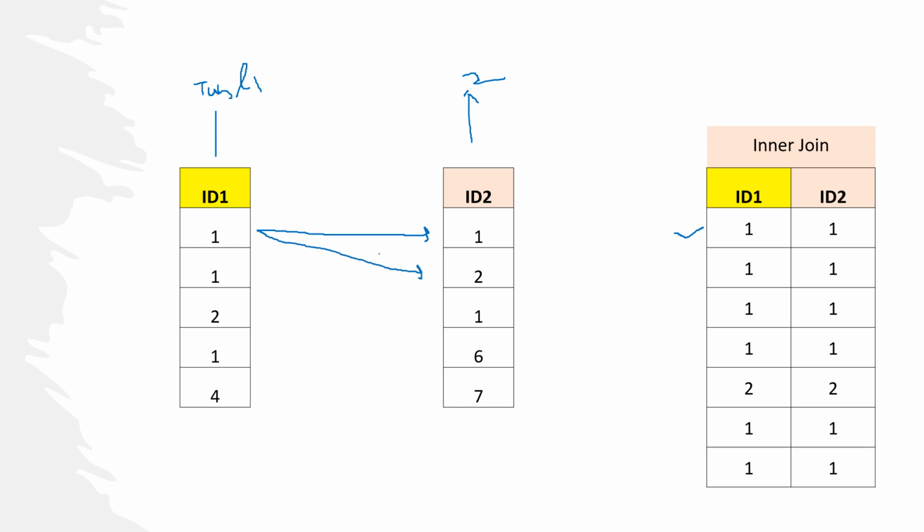There is no match, so we will not consider this record. Now 1 to 1 again. Now we will consider this record 1 to 1. And now 1 to 6. 1 and 6 are not equal, so we do not consider this record. And same for this record. Correct?